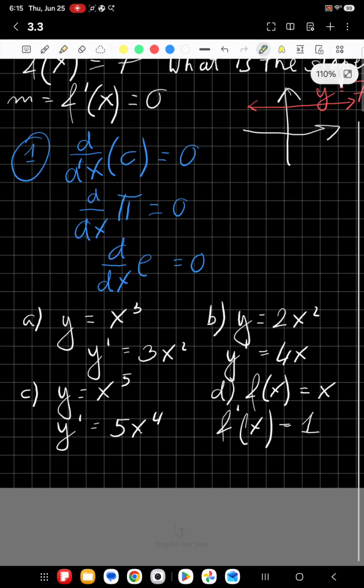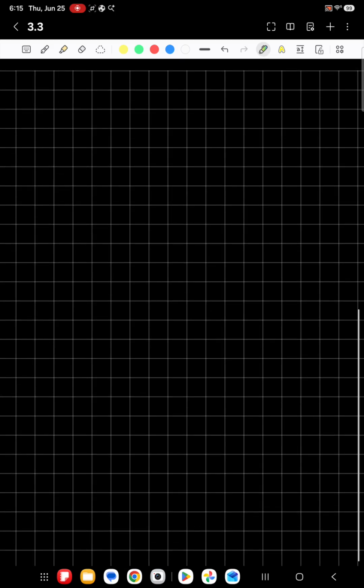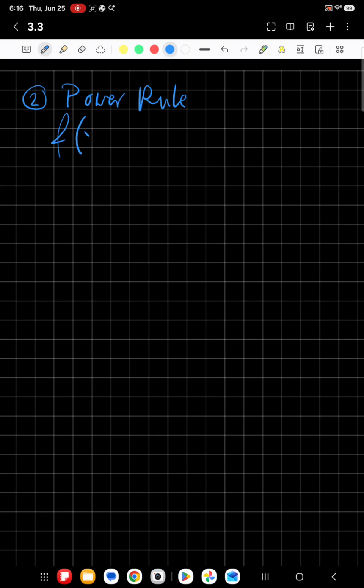Okay, let me write that rule. It's called the power rule, and it's the most useful and most basic way of calculating those derivatives. It's applicable to any function, not necessarily polynomials, whenever you have x to some power n.